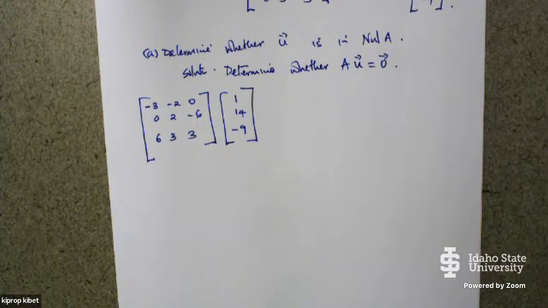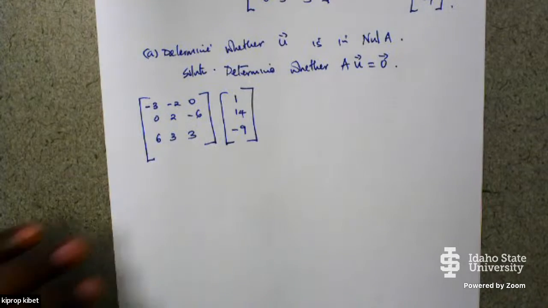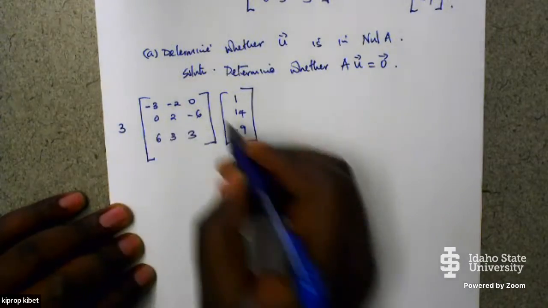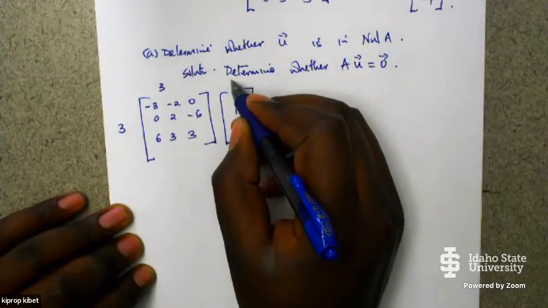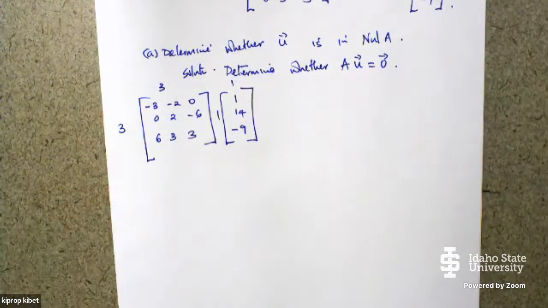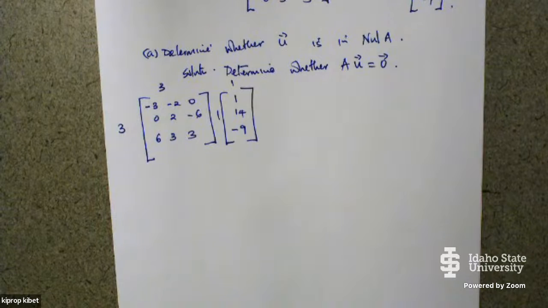So if this matrix is 3 by 3, and you multiply this matrix by a 3 by 1, what would be the solution here? Yes, the solution is 3 by 1.